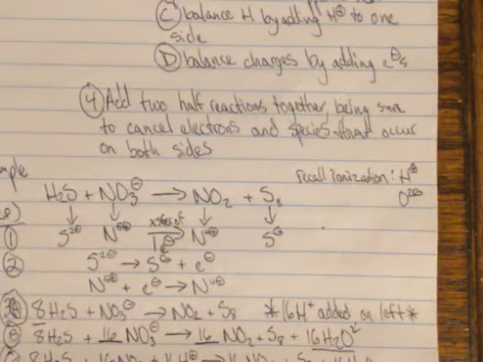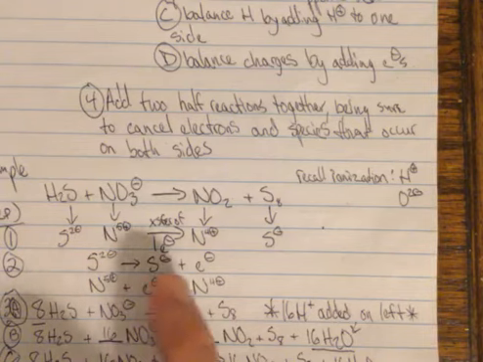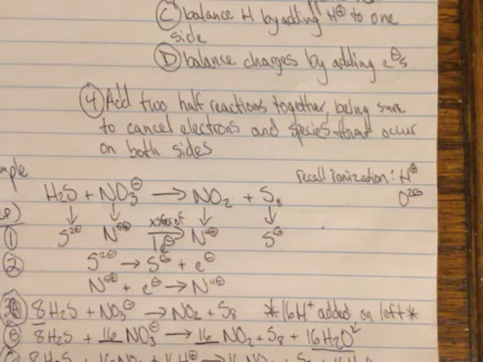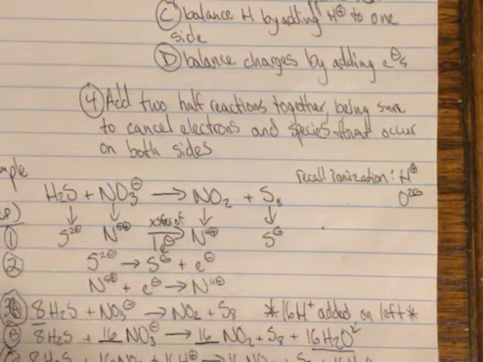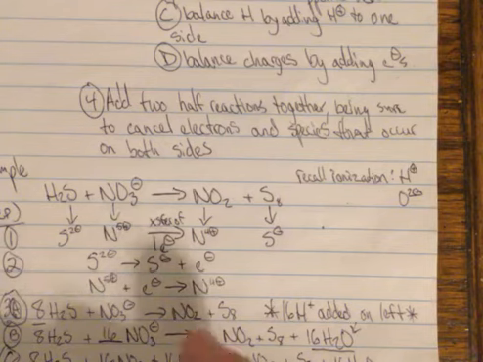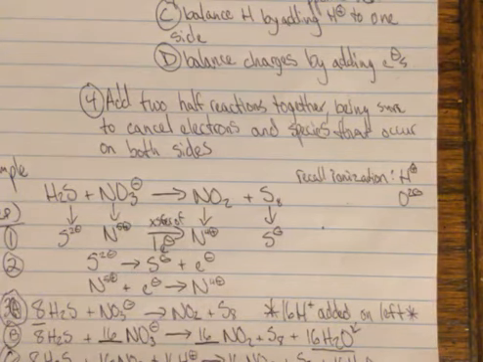So S2- is going to relieve itself of 1 electron. So N5+ is going to pick up that electron and become N4+, sorry.